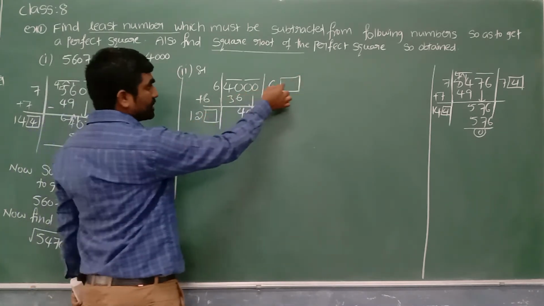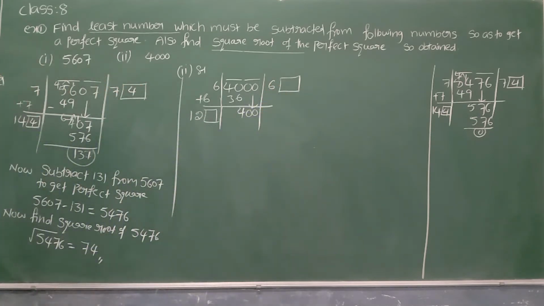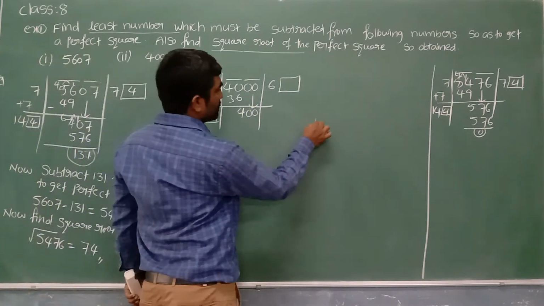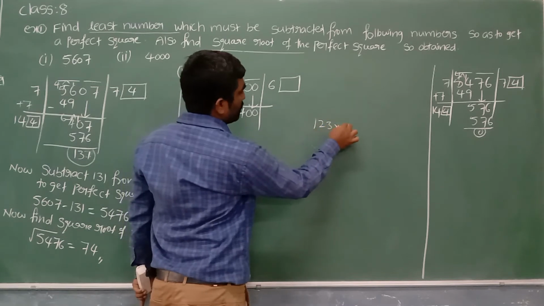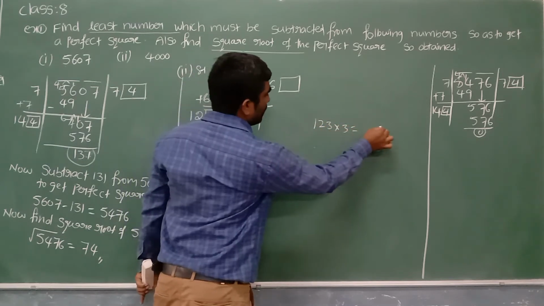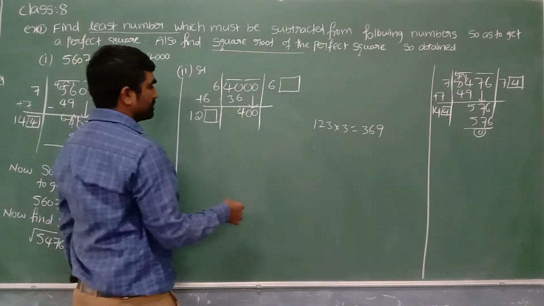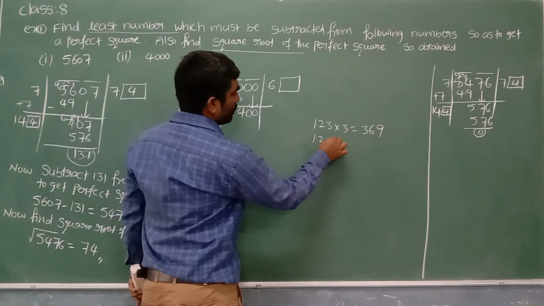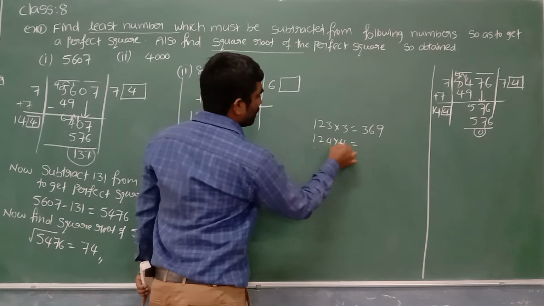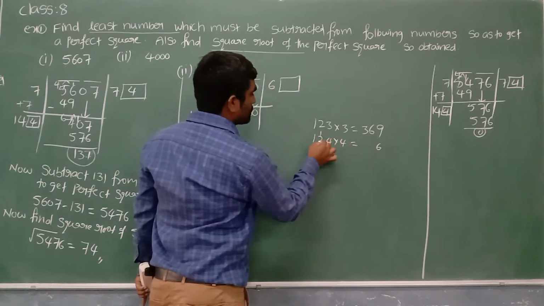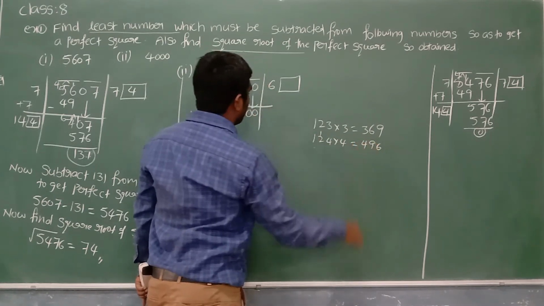Now what is the least number we can keep in that box? Let me go with 123. 123 times 3: 3 3s are 9, 3 2s are 6, 3 1s are 3, 369. Let me go with 124. 4 4s are 16, 6 and 1 carry, 4 2s are 8 plus 1, 9, 4 1s are 4, 496.